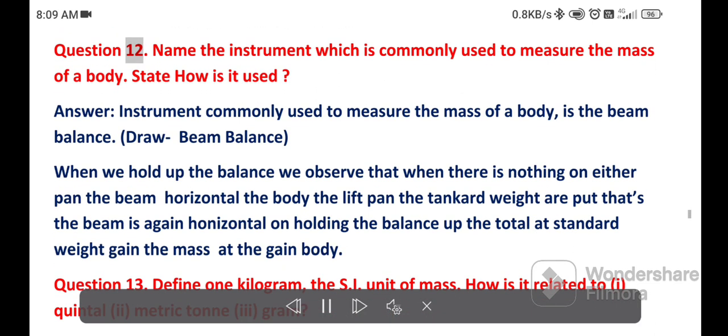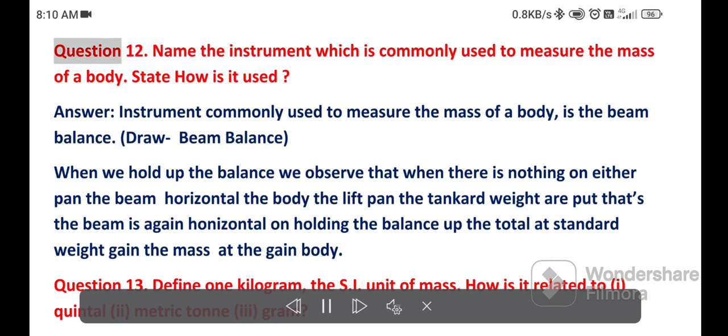Question 12. Name the instrument which is commonly used to measure the mass of a body. State how it is used. Answer. The instrument commonly used to measure the mass of a body is the beam balance.